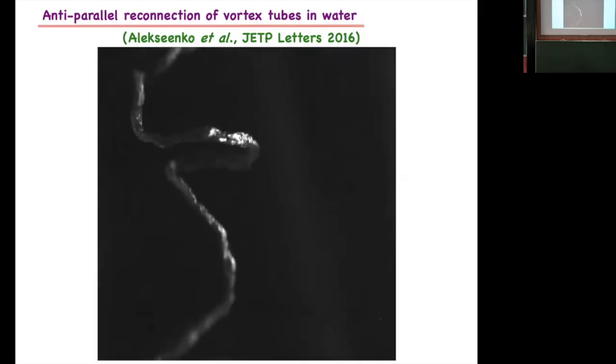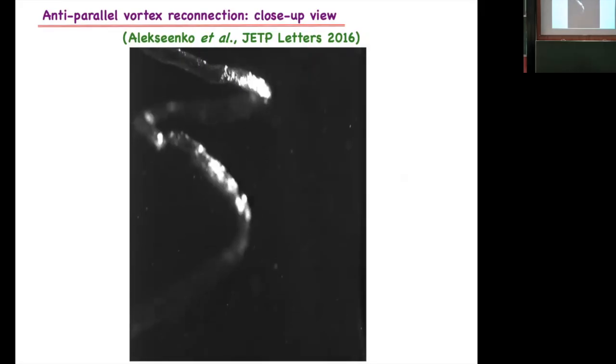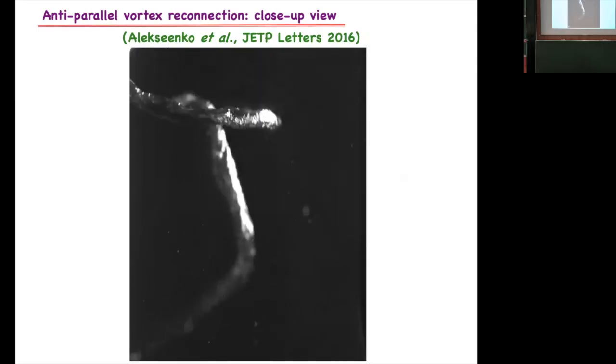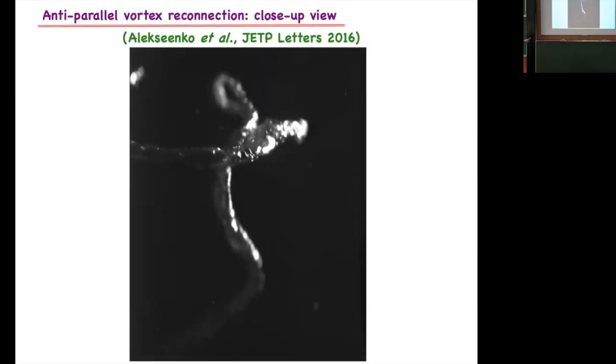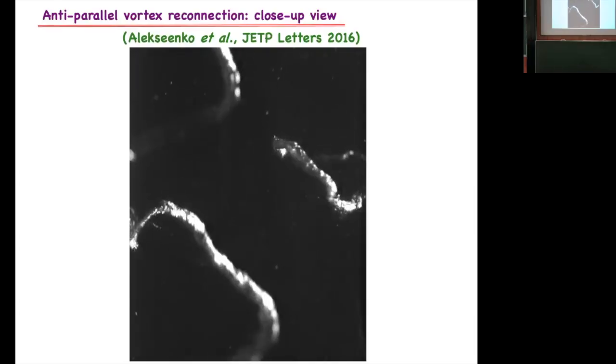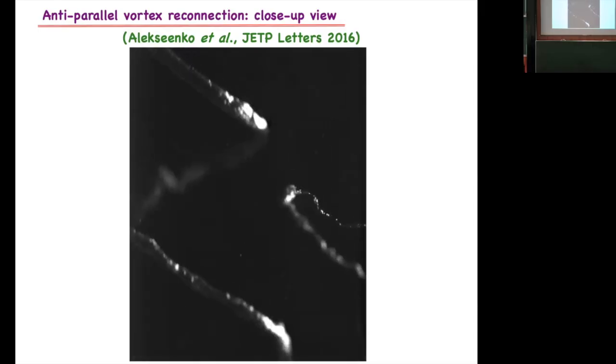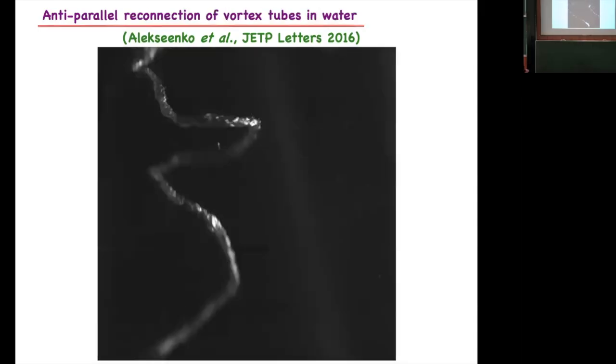Let me see. Okay, you see they deform, they get almost planar. You see the swirling of the water, the bubbles, and then look, they merge and they separate. Yeah.